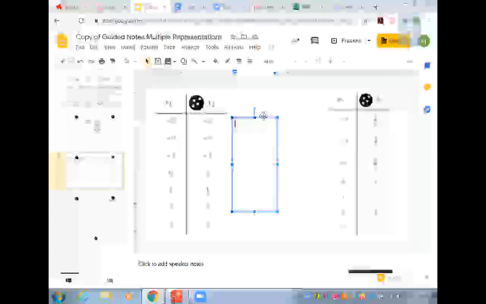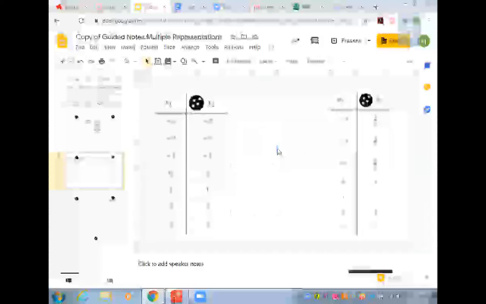Okay. I think it's linear because I think it's one of those equations where it's x equals y. Right. If you look at them, they're the same.